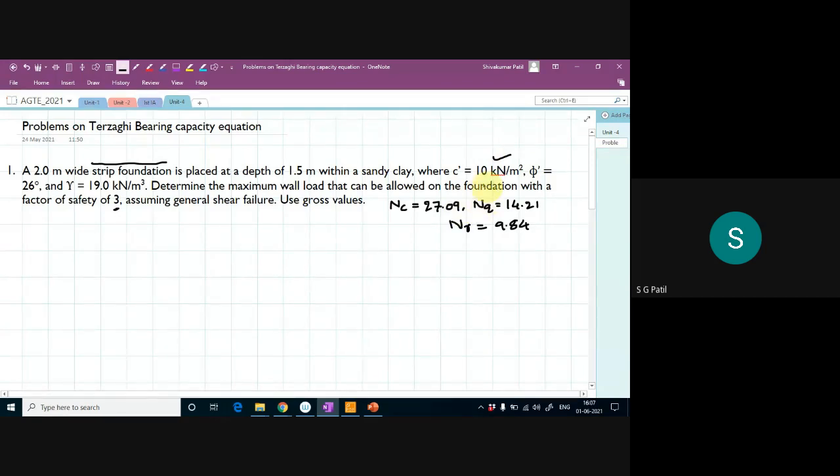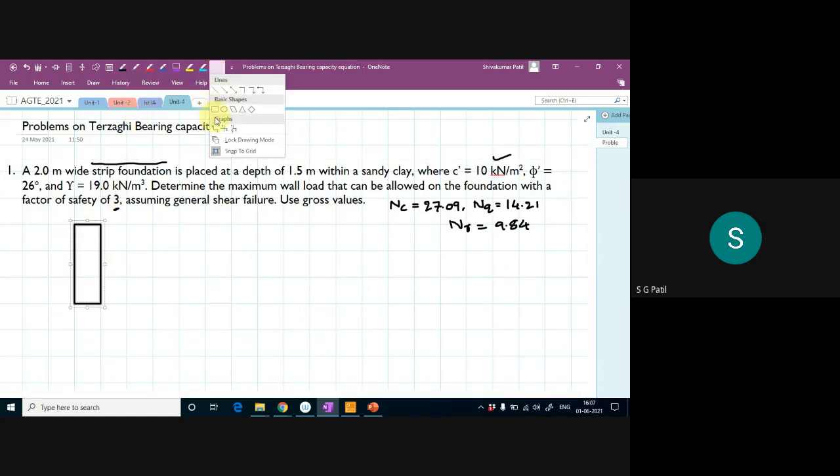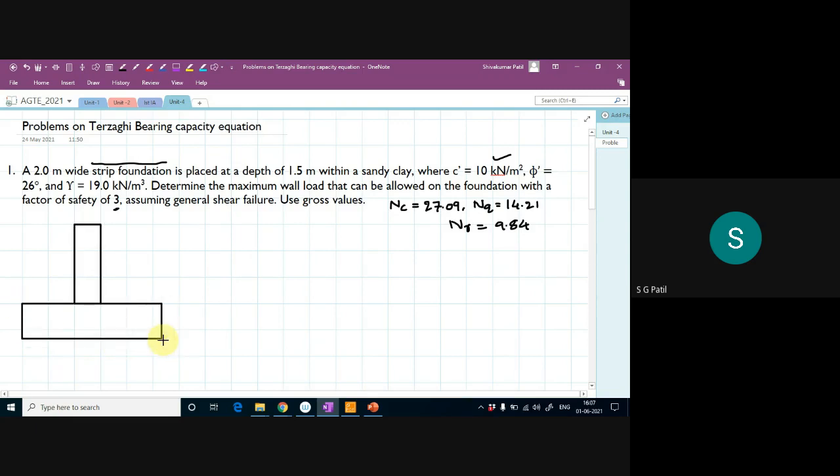First, let me draw a foundation here, a strip foundation. What's the width of this foundation? The width is 2 meter.